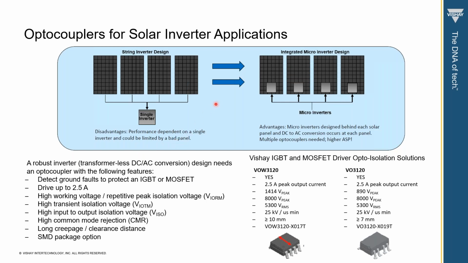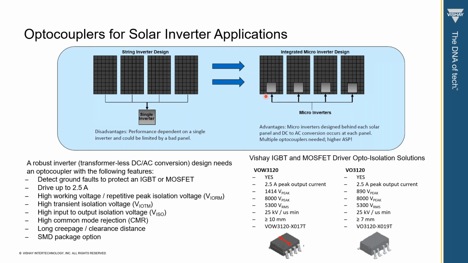So now we see some of the new designs going to the integrated microinverter design, where every solar panel has its own microinverter plus DC to AC conversion. So if a single panel has a problem, it might not affect the efficiency so much.